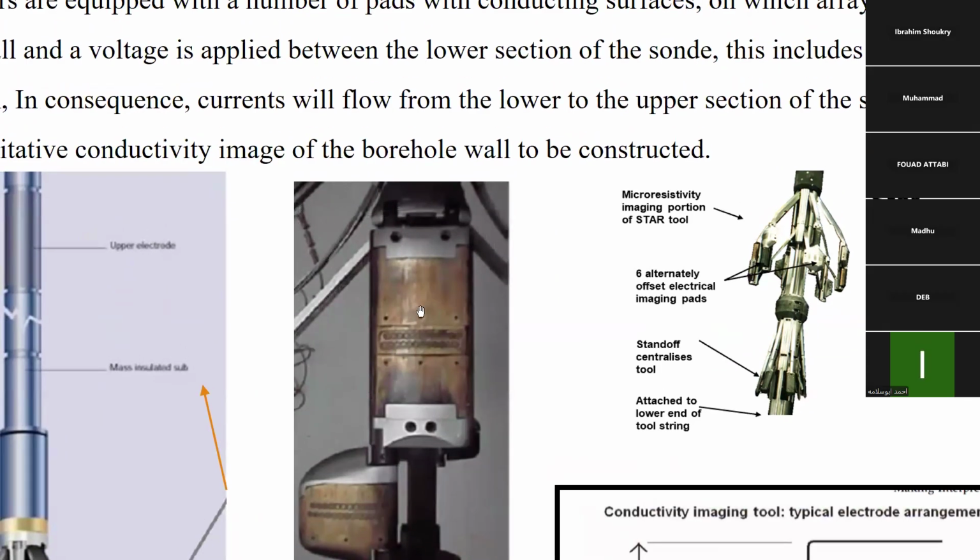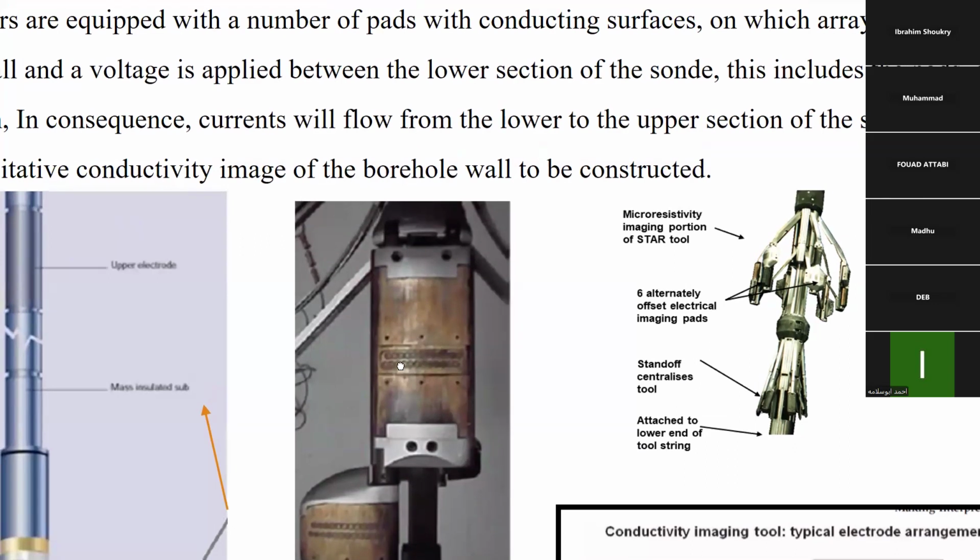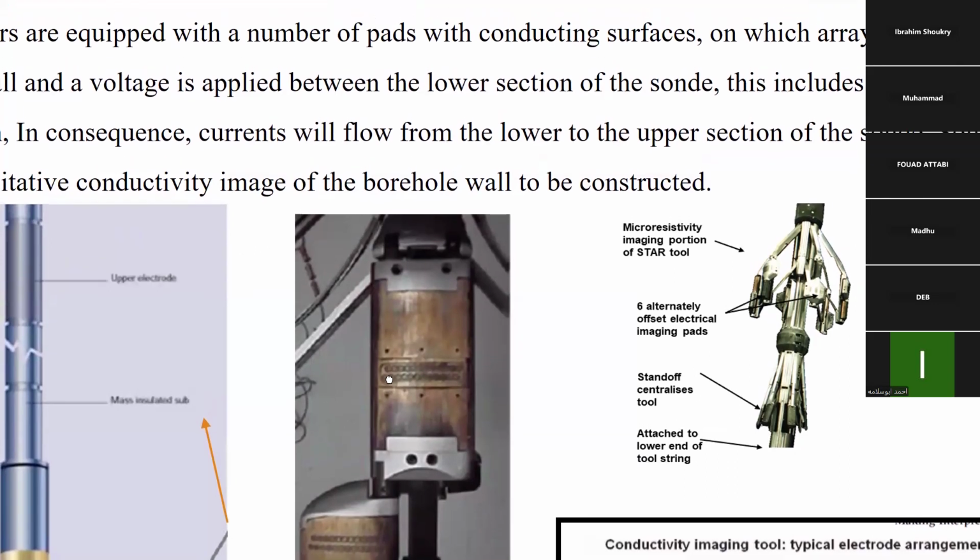So by injecting the current and receiving it on the same pad, each sensor will be displayed as one resistivity curve. As we can see here on this pad, it looks like we have 25 buttons or 25 electrodes.